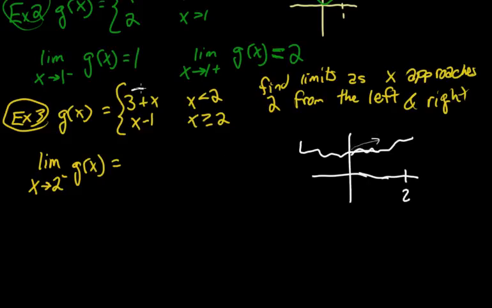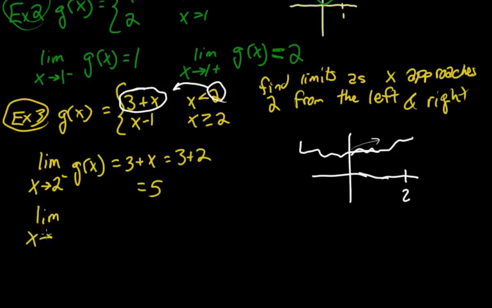So we would plug 2 into this formula to get our answer. So that equals 3 plus x, which is 3 plus 2, which is 5. So the limit as x approaches 2 from the left of g of x equals 5.